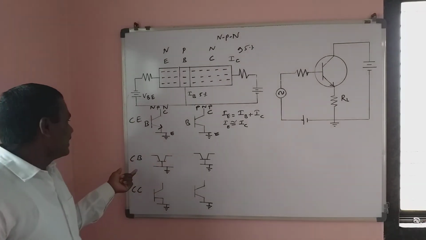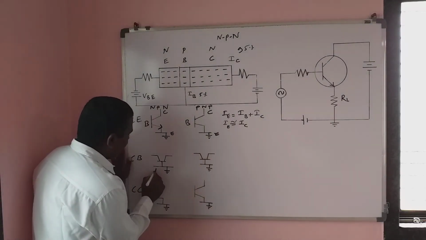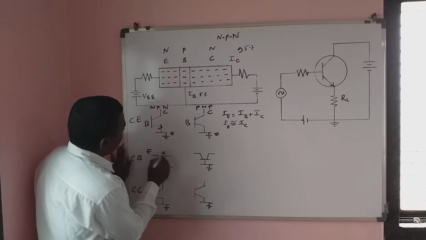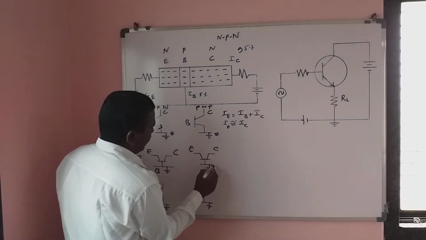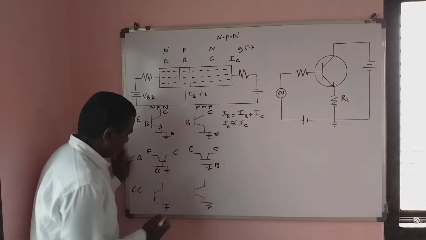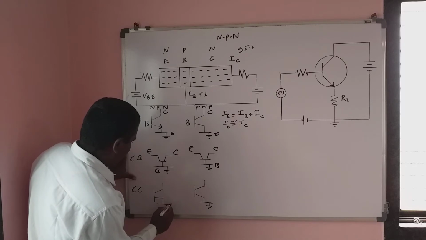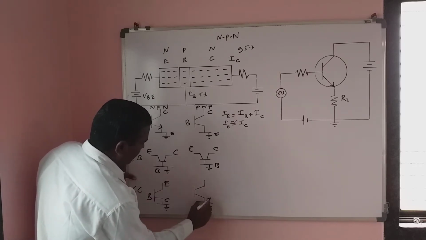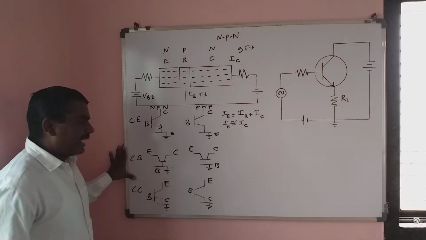If we consider the common base configuration, here there is a base, the emitter, and the collector. These are the three different regions. Suppose this one is the collector, this one is the base, and this one is the emitter.